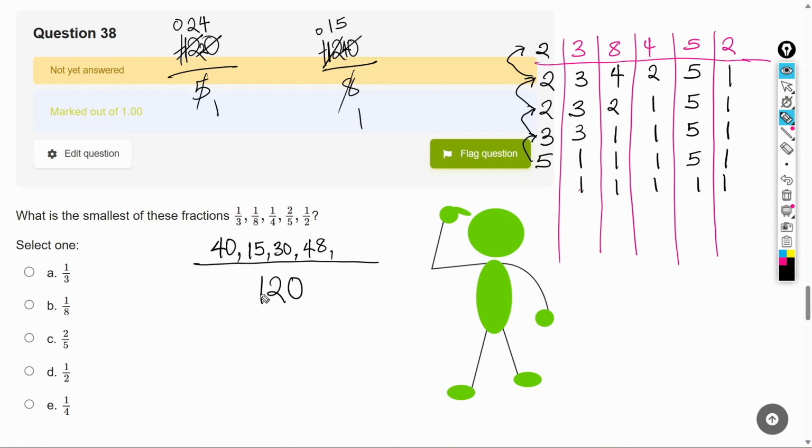And then 2 into 120, 2 into 12 is 6, and then the 0, 60. So the smallest of these is the one that has the smallest value, which is 15. So the smallest of these fractions is 1 out of 8.